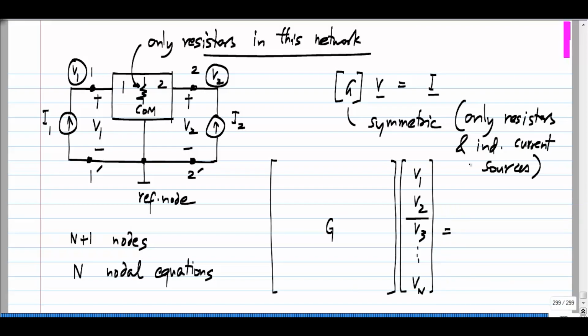Now, this equals the source vector, and what we have in the source vector is basically the independent current source value being injected into a particular node. So, clearly into node 1 we are injecting I1 and into node 2 we are injecting I2. And the rest of the entries here will be 0, because we have no other sources in the circuit.